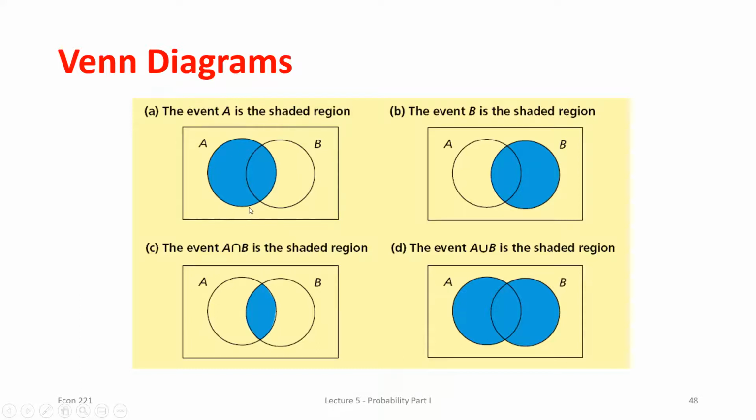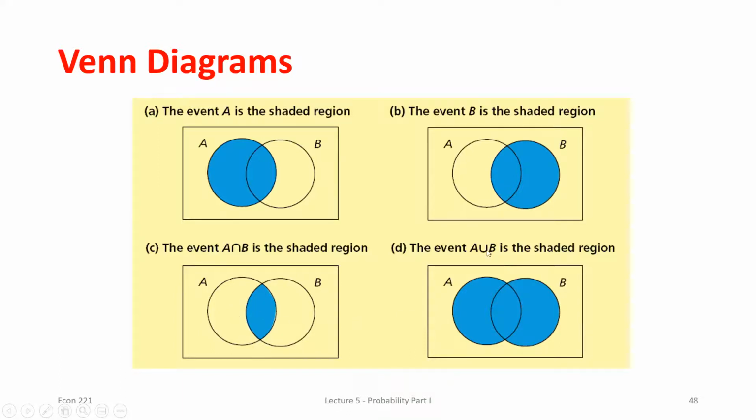So here's event A, here's event B. The intersection of those two things, so what is in both of them? Well, where the events A and B overlap, that area represents outcomes that are in A and they're in B, right? So here's our intersection.